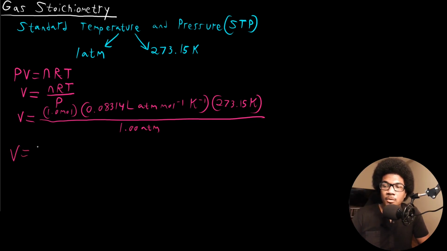And when you do that calculation, you get that the volume should be equal to 22.42 liters, right? So this is the volume that 1 mole of gas will occupy.